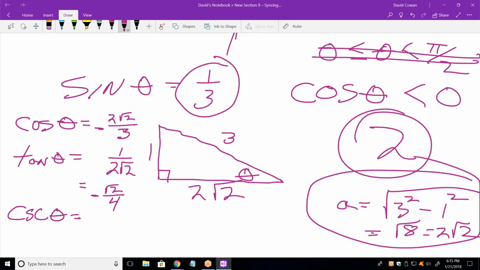Isn't that just 3 over 1, so 3? Now give me secant of theta. It's 3 over 2 square root of 2. Let me rationalize that. It's negative.